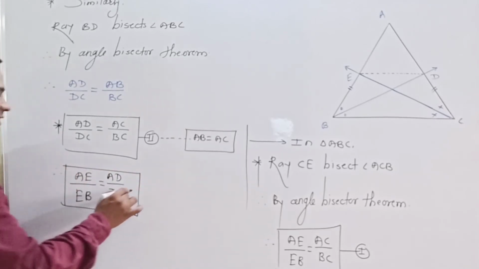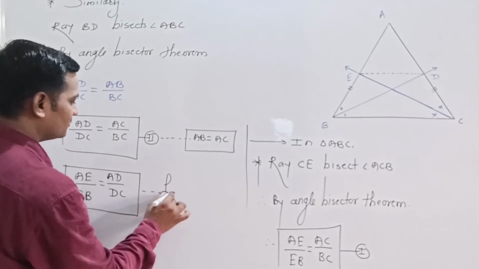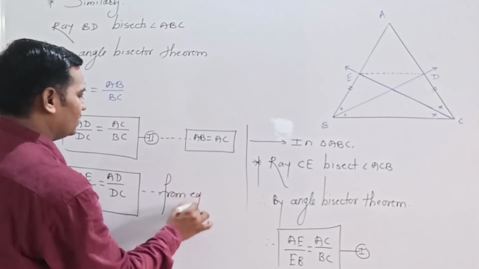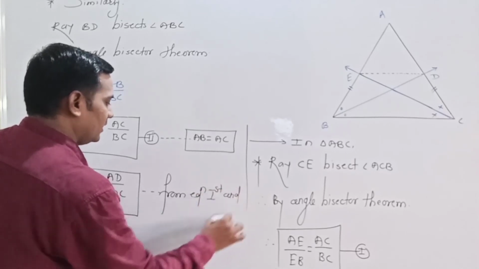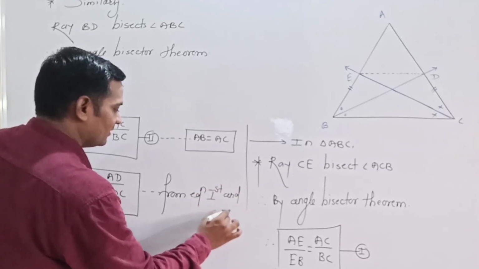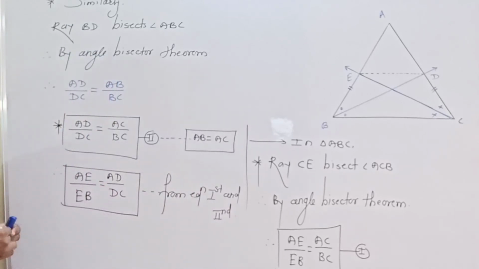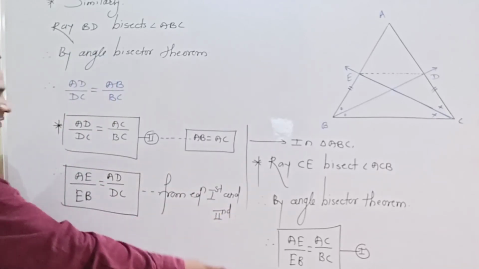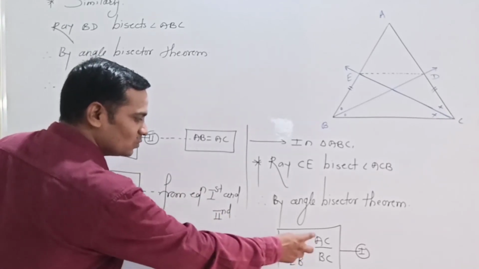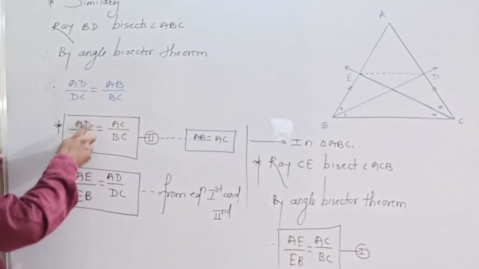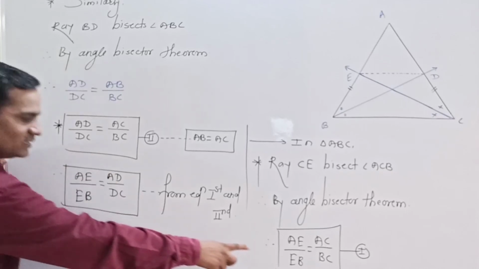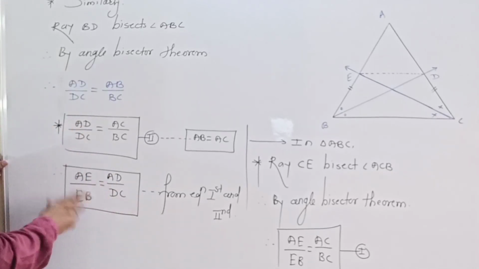Okay, and just write down the reason here. From equation first and second. Okay, now what is there in the first equation and in the second? This AE upon EB is equal to AC upon BC, and the same AC upon BC is equal to AD upon DC. That means these two ratios will be equal to each other.